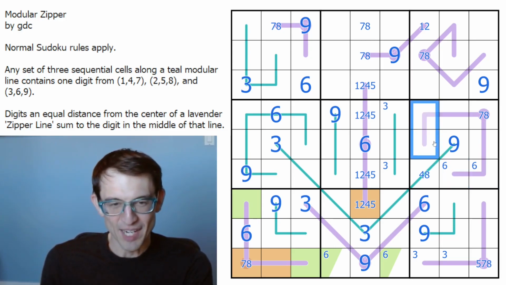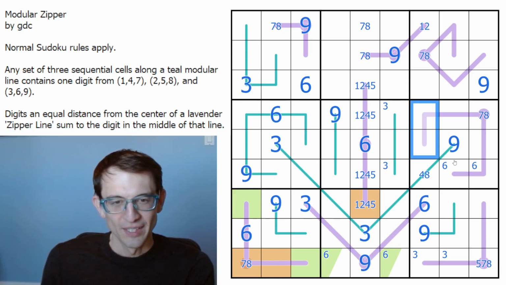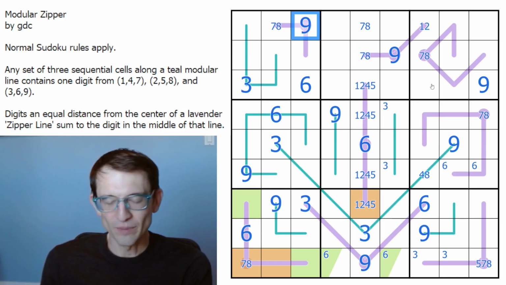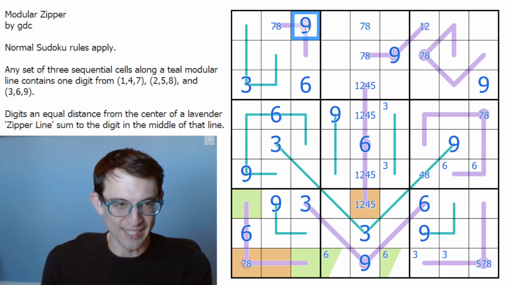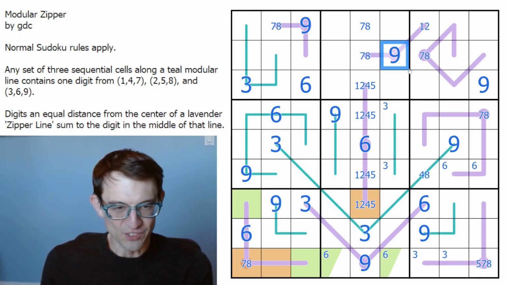I'm not immediately finding it. So I'm jumping around from clue to clue. So rather than doing that, what was the last thing I did? The last thing I did was I put this 7, 8 here. This is such a beautifully constructed Sudoku that I feel like the next step will just be clear from the last step.